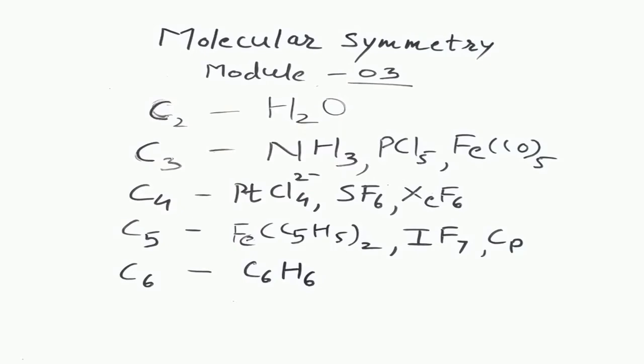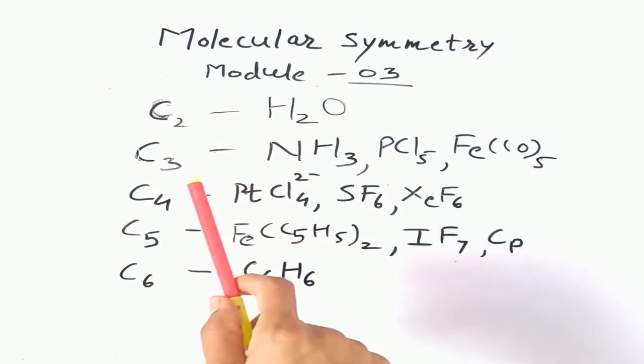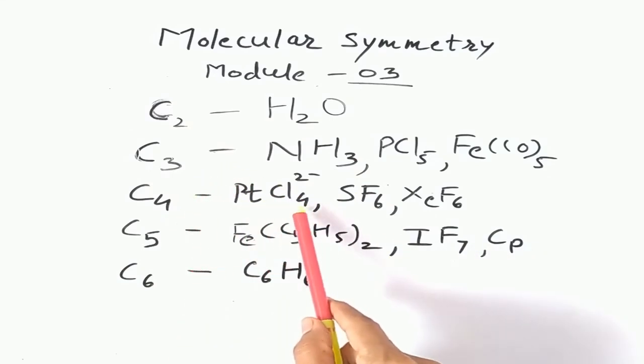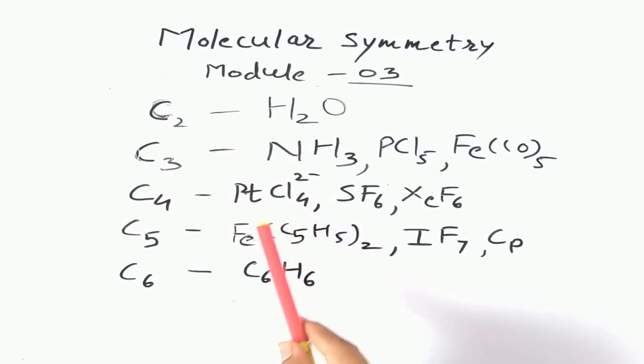Now for practice, I will give you some molecules in which I have already mentioned what the rotational or principal axes present are. See, whatever list I have given, C2, C3, C4, C6, they all are the principal axes present in the respective molecules. For example, C4 is the principal axis in PtCl4.